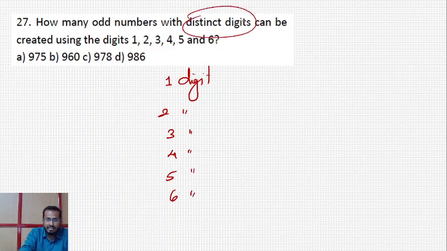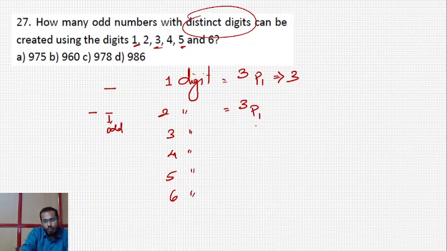That is called distinct digits. If I need a 1 digit number, there is only one place, and it must be an odd number. 1, 3, 5 are the odd numbers. Out of 3, I will write any one. So 3 is the answer. For a 2 digit number, the last place should be an odd number.